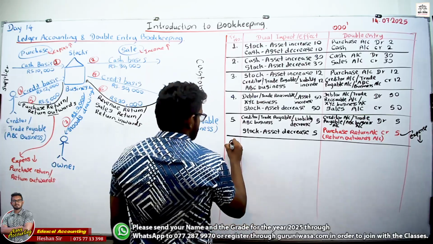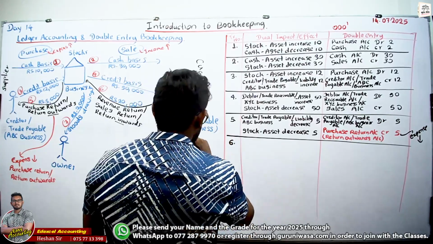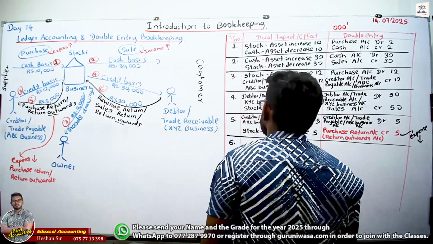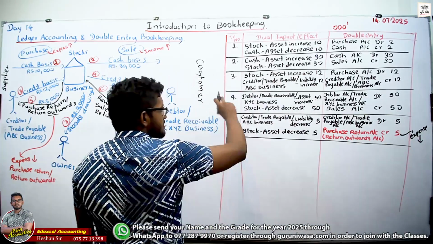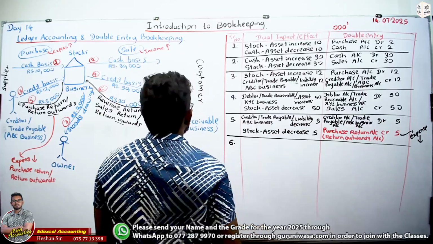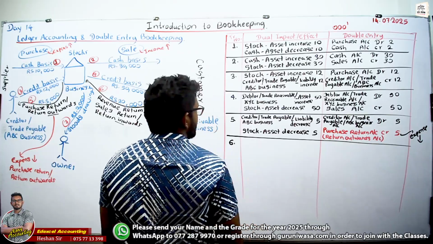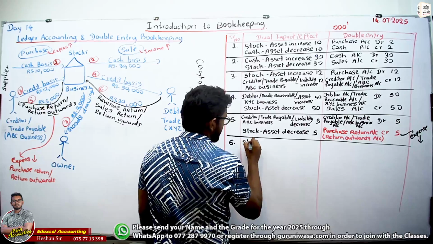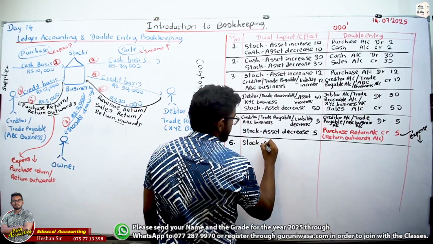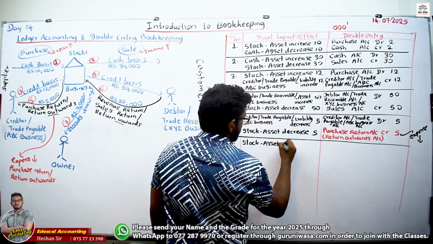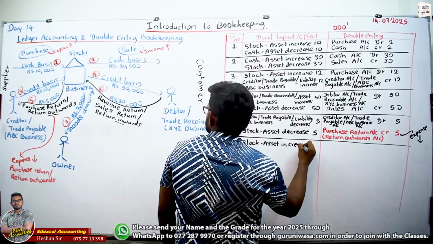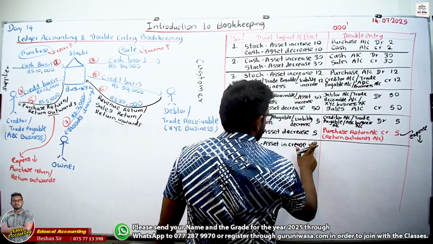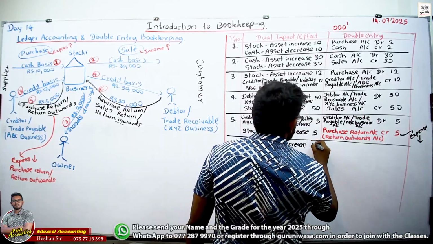Number 6. When we sell the goods on credit basis, debtor asset increase, stock asset decrease. When the customers return it, stock asset increase. Why? Again, we receive the stocks. By 20,000.